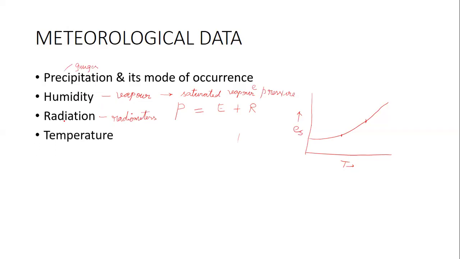Another important meteorological data is temperature. To record temperatures, thermometers are used widely. Do not confuse this with the thermometer that we use to measure our body temperature whenever we are feverish. That is a different type of thermometer.